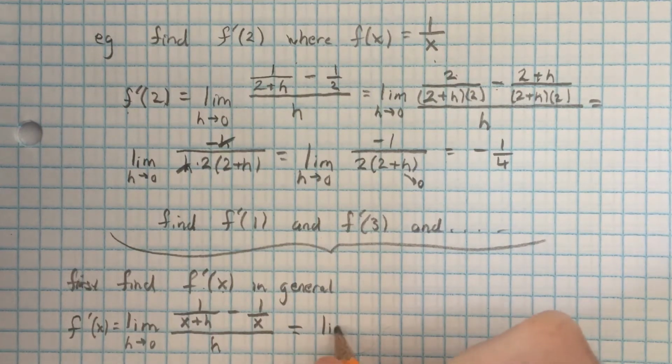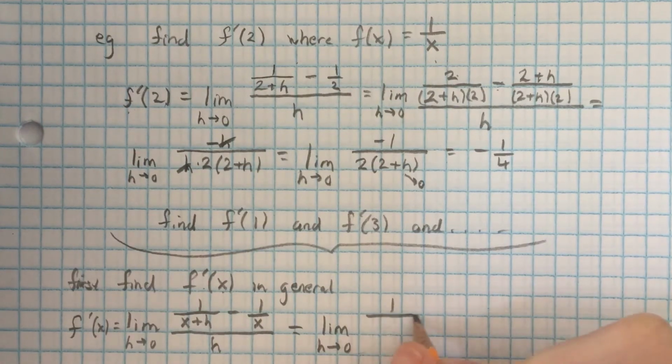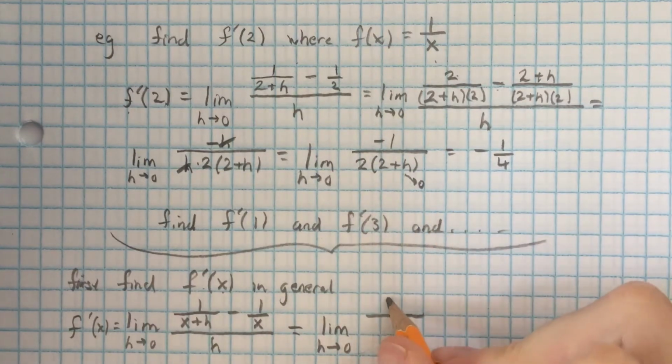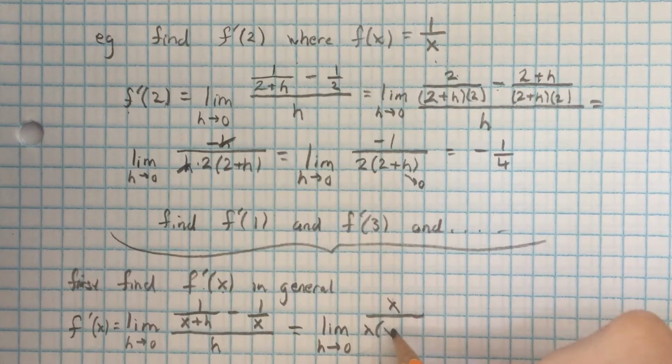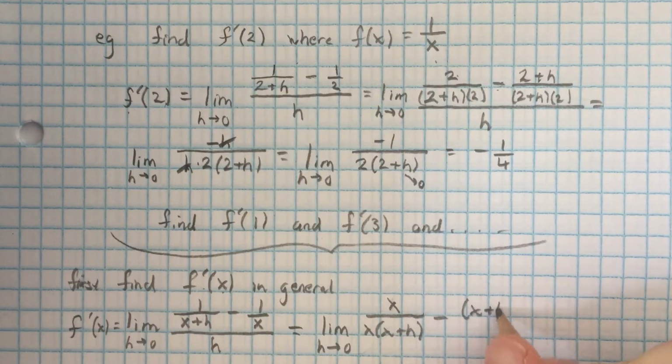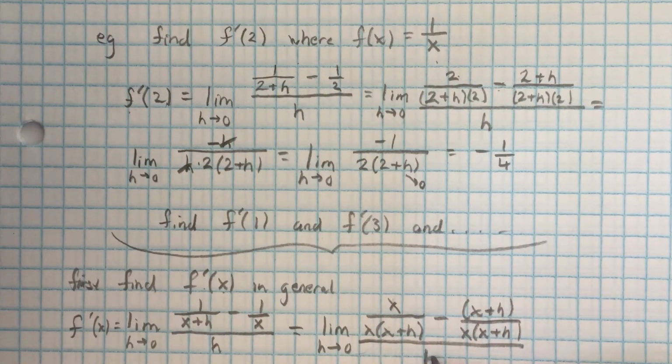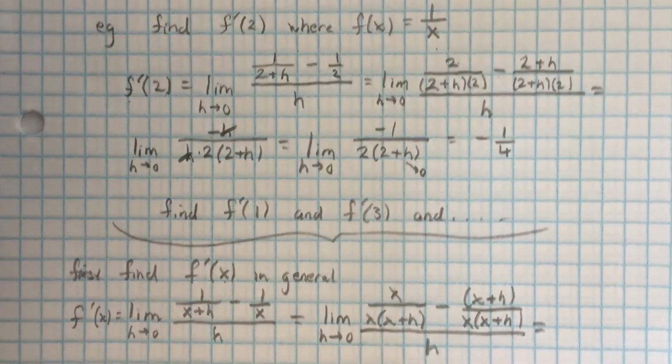So, repeating the same basic algebraic steps very quickly, I have x over x plus h minus x plus h over the same denominator, over h.